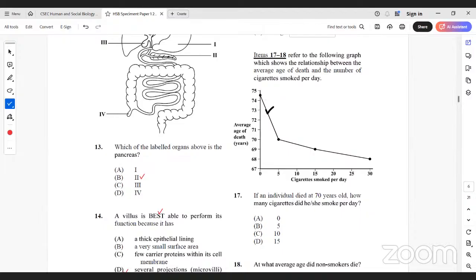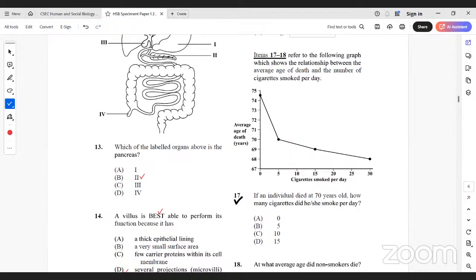17, remember I told you, you will get graphical data questions. So this is another one. We have 17 and 18 items coming from this graph. And they tell you it's the average age of death and the number of cigarettes smoked per day.